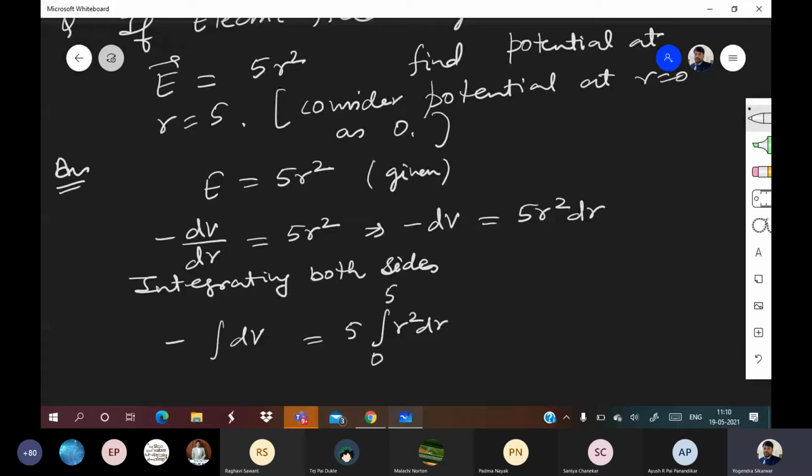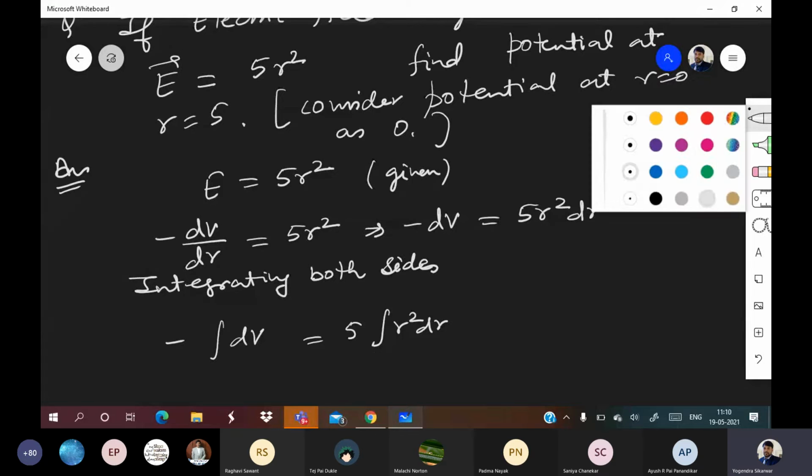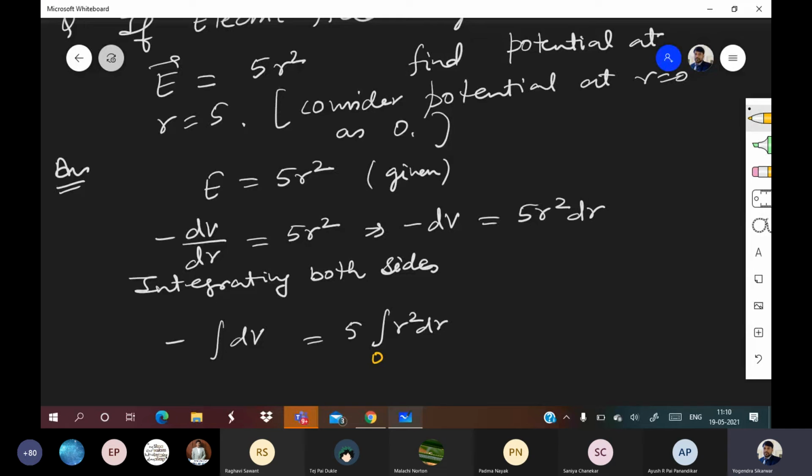Now remember, at r is equal to 0, potential is 0. At r is equal to 5, let's say potential is V. That's what we need to calculate.